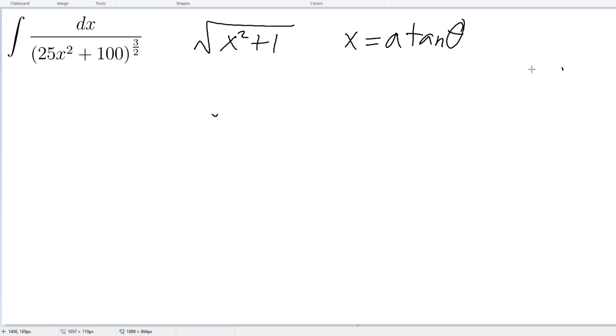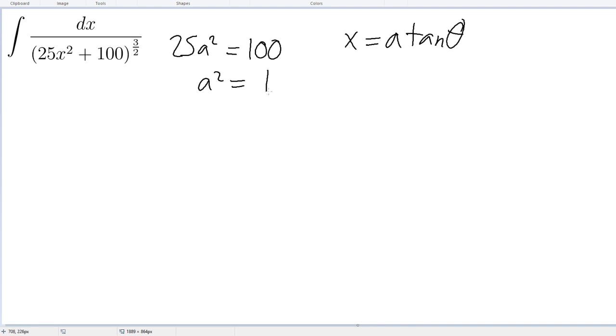Now the next thing is, what is a? Let's solve for a. x squared is here, so we get 25a squared equal to 100. It's a whole number. 100 divided by 25 is 4, so a is going to be 2.